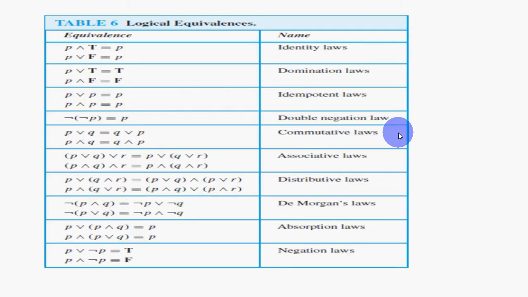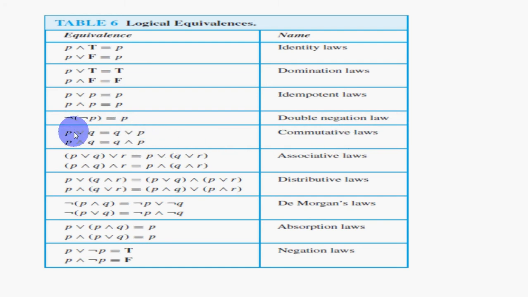Next, these are some logical equivalences. This one you have to remember while doing the problems. The first one is identity, second is domination, third is idempotent, fourth is double negation.